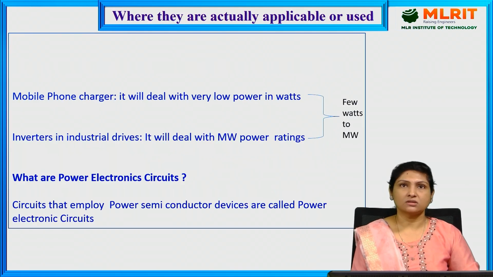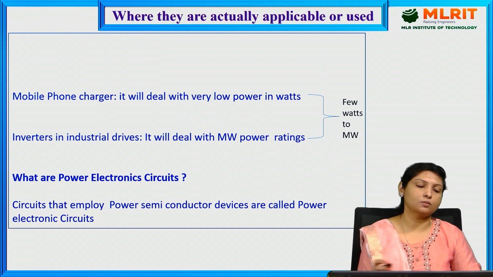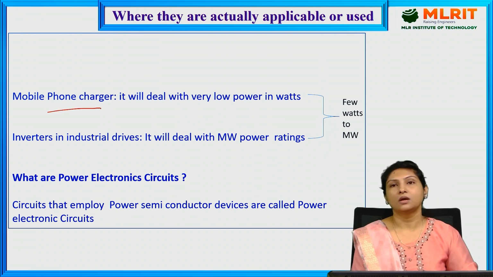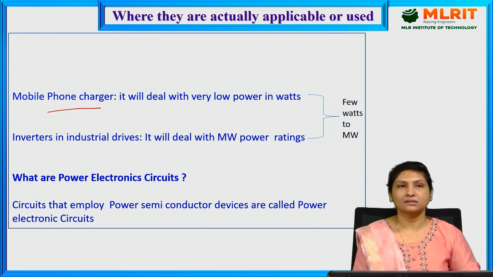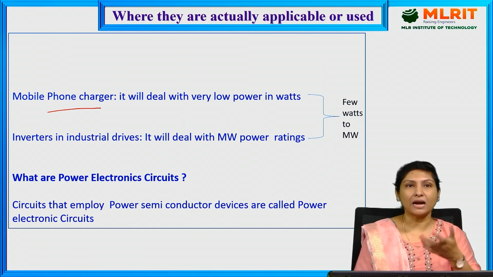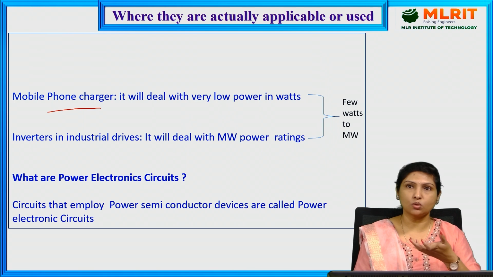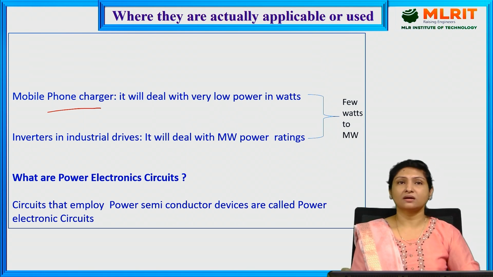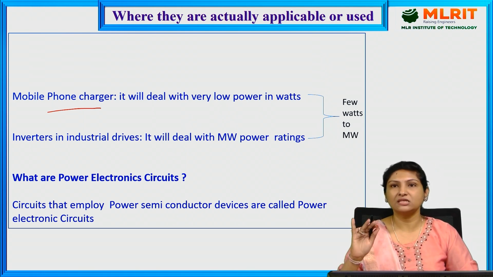Where is power electronics actually applicable or used? In mobile phone chargers, the conventional power supply is single phase AC at 230 volts, whereas a battery can store only DC, and the voltage of these batteries is about 3.3 volts.